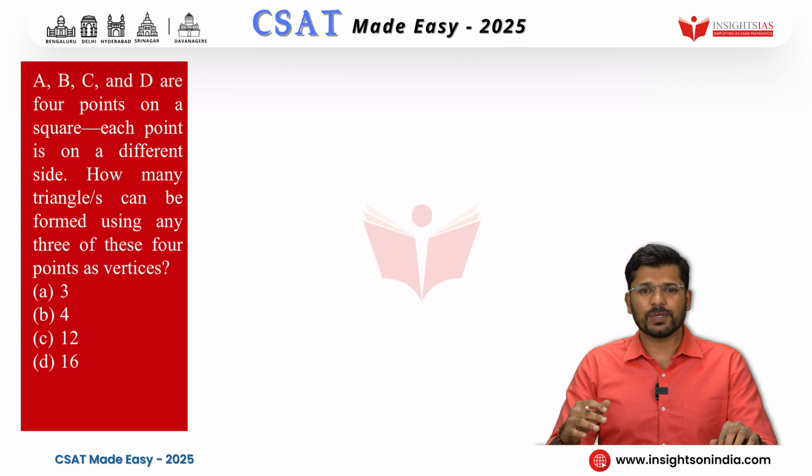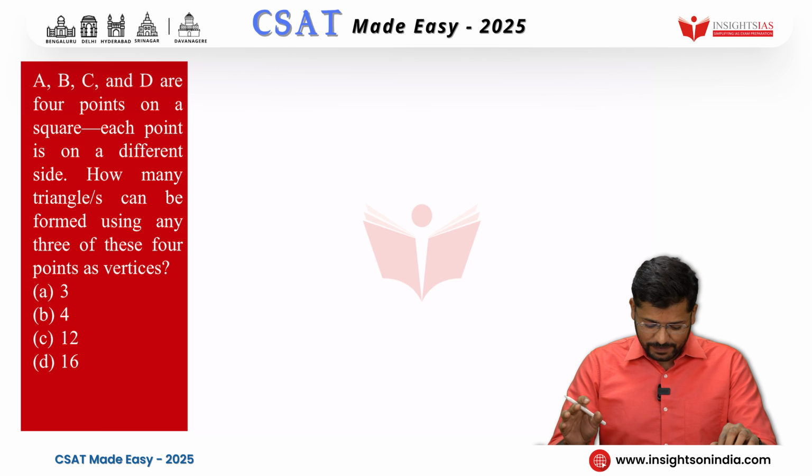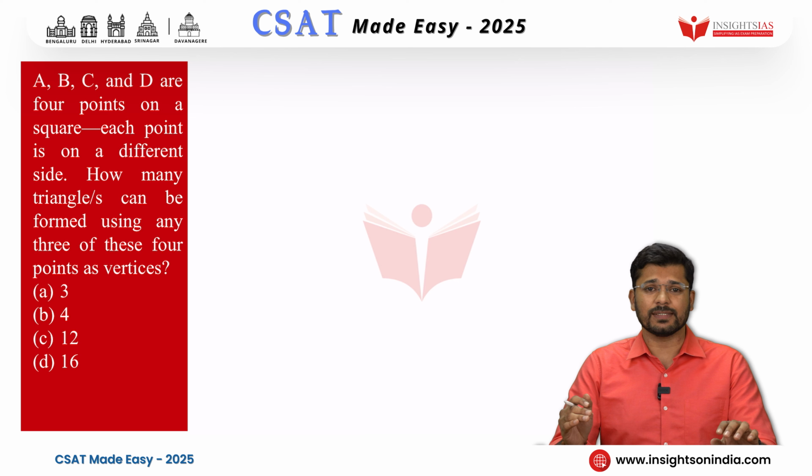Let's read the question. Let's solve it and then understand how to solve the problems on combination. A, B, C and D are 4 points on a square. Each point is on a different side. How many triangle or triangles can be formed using any 3 of these 4 points as vertices? Okay, what is the question telling us?